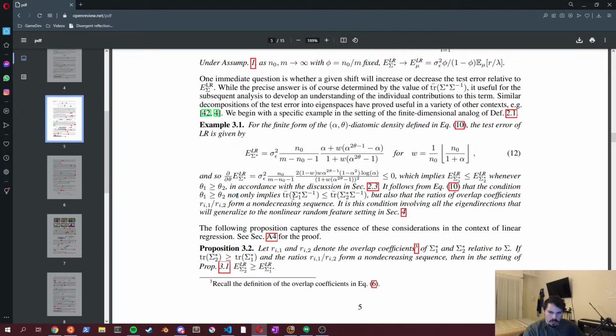So theta 2's error should be lower. Sorry, theta 1's larger here. So theta 1's errors should be lower. But ratios of the overlap coefficients form a non-decreasing sequence.